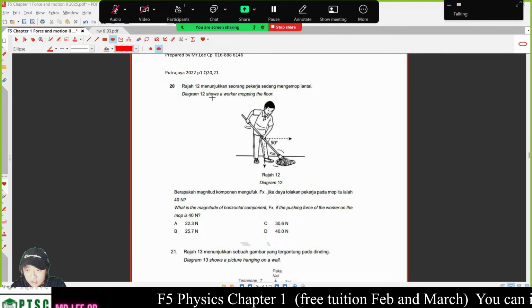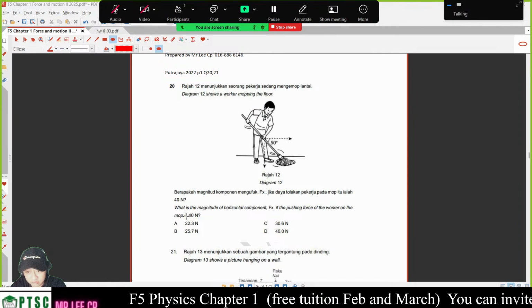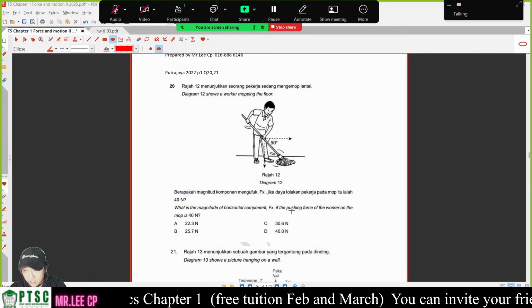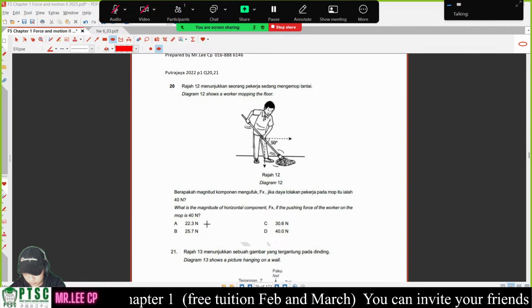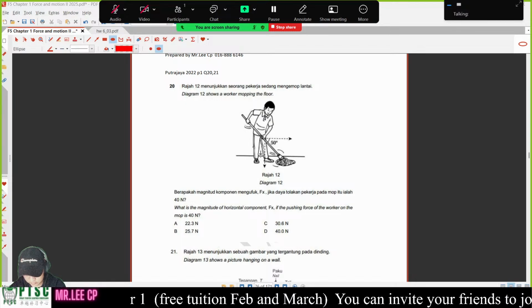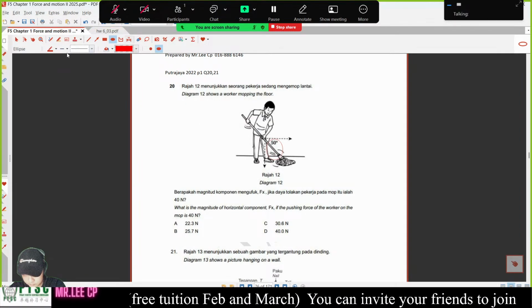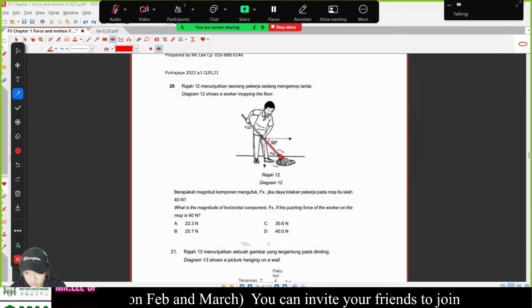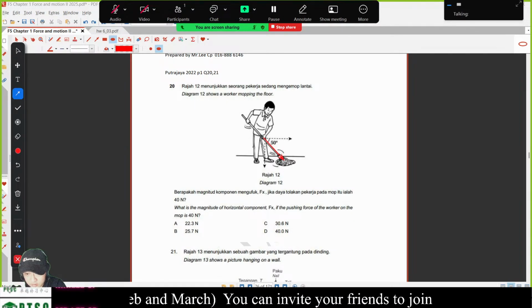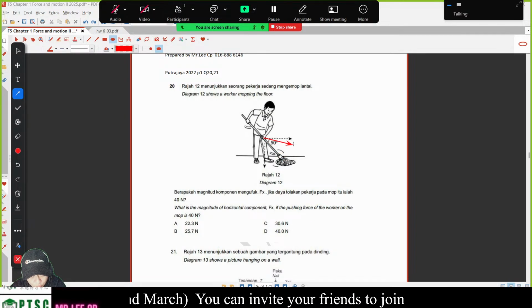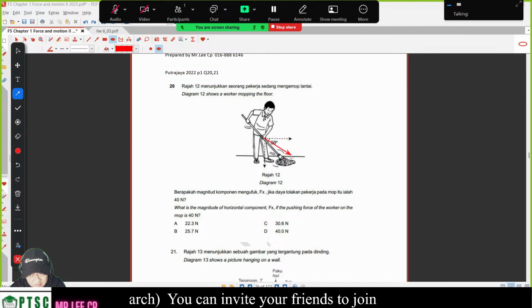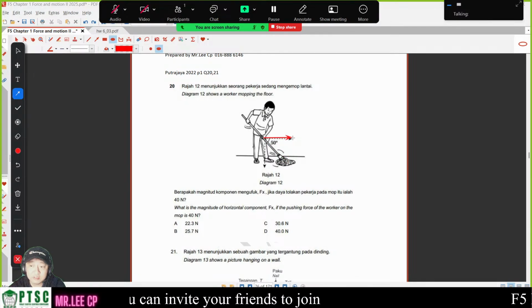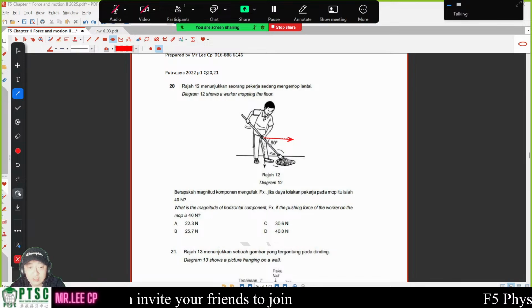Okay, so now diagram C is the worker mopping the floor. What is the magnitude of horizontal force Fx? If the pushing force of the worker on the mop is 40 Newton, so this one is 40. The pushing force is 40. Now, what is the magnitude of the horizontal force? Touching 50, 40 cos 50.